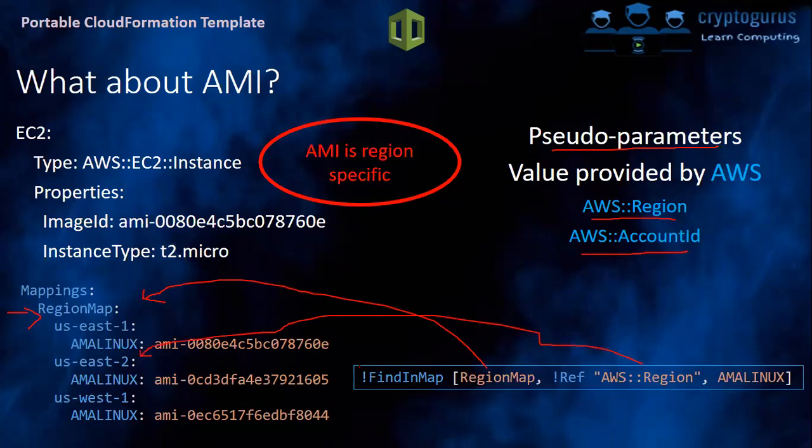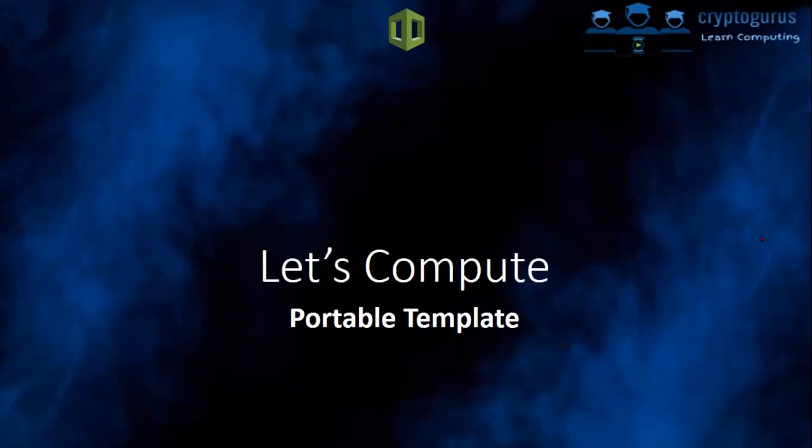And once the region has been resolved, it will try to get the value based on the name, that is the Amazon Linux, and will return the value of the AMI ID that we are going to use for our CloudFormation template. So far so good, right?